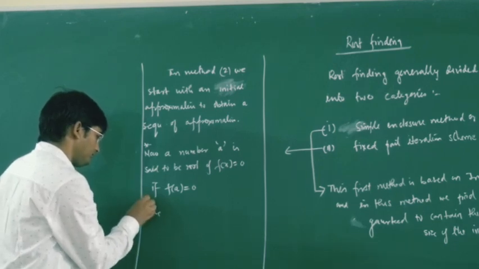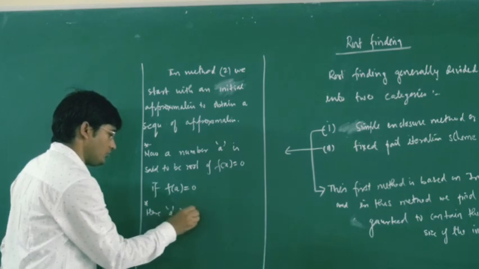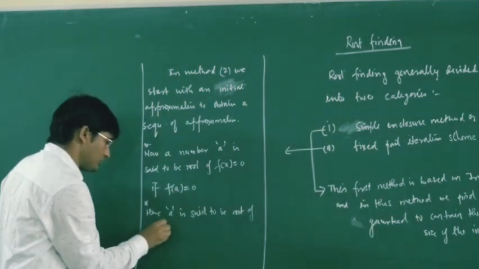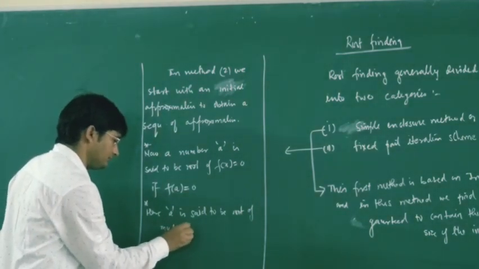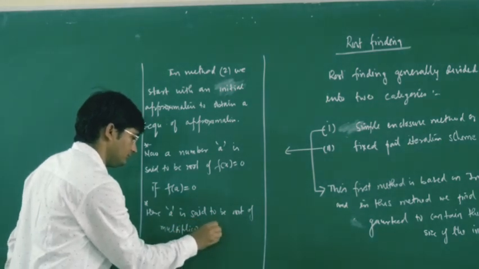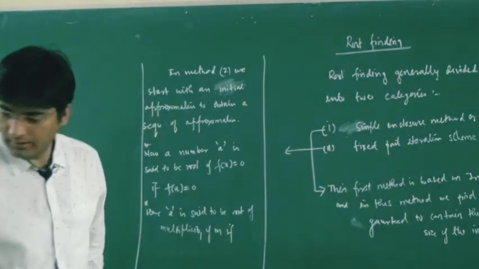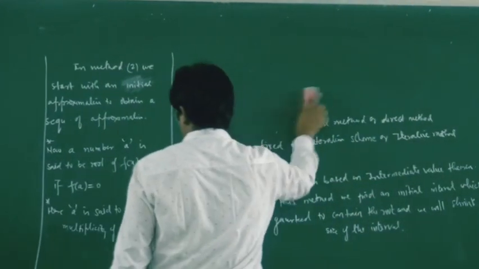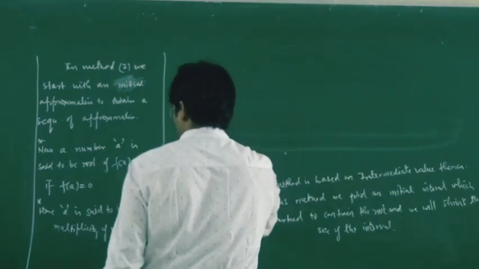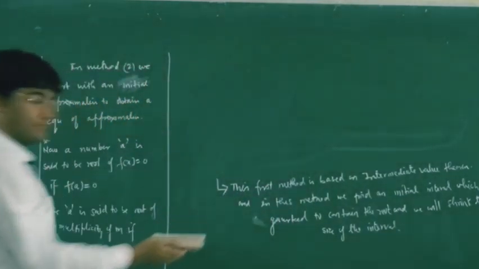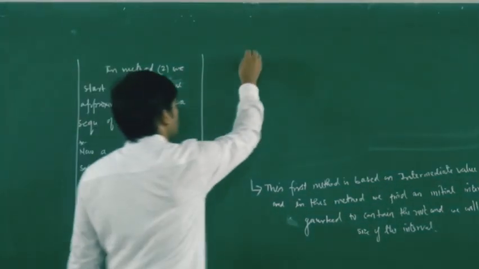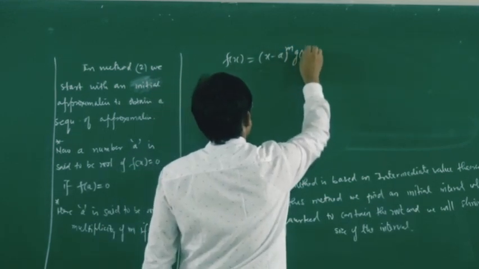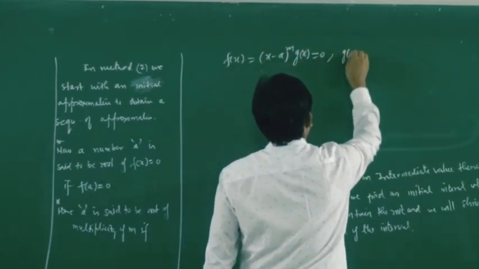Here small a is said to be a root of multiplicity m if f(x) = (x - a)^m g(x), where g(a) is not equal to 0.